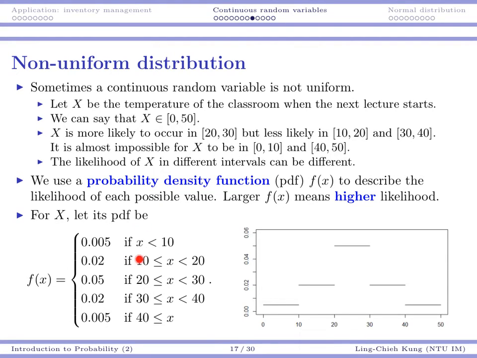And for less than 10 or greater than 40, it's even lower. So with this graph or this functional form, we describe the random variable x to have the following property. Here we have the highest probability, here and here has the lower one, and here has the least one.